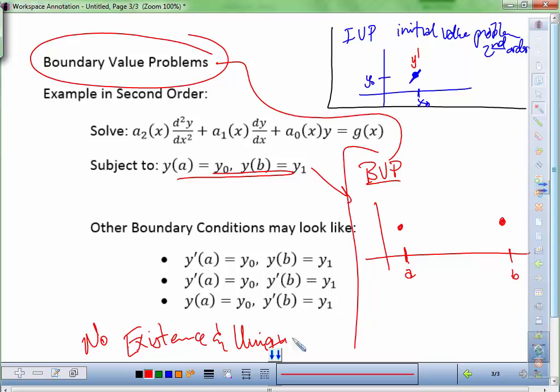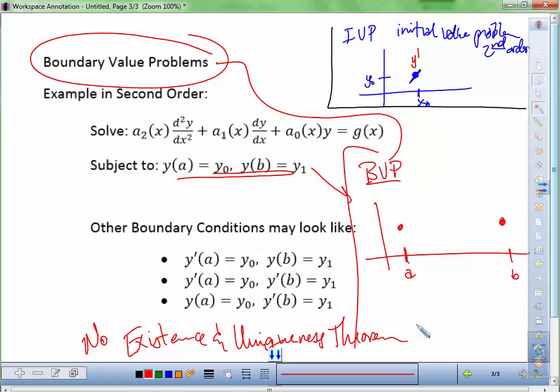So we don't have an existence and uniqueness theorem for boundary value problems. Which is why we generally don't study it. So it's introduced here, and we're going to do 1 or 2 problems, but after that, we're going to focus on IVPs.